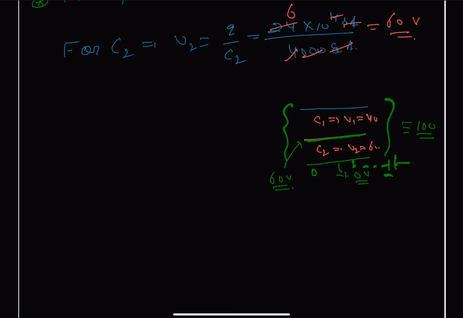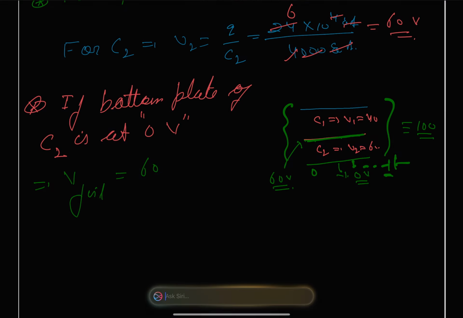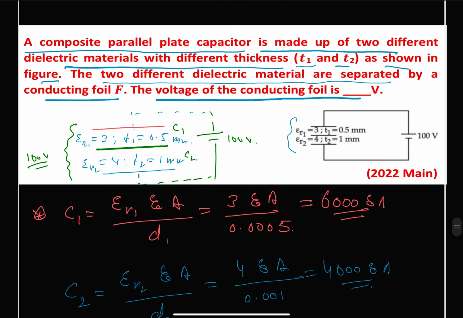So we can say that if the bottom plate of C2 is at 0 volt, then the voltage of the foil will be equal to 60 volt. Therefore the answer is 60 volt.